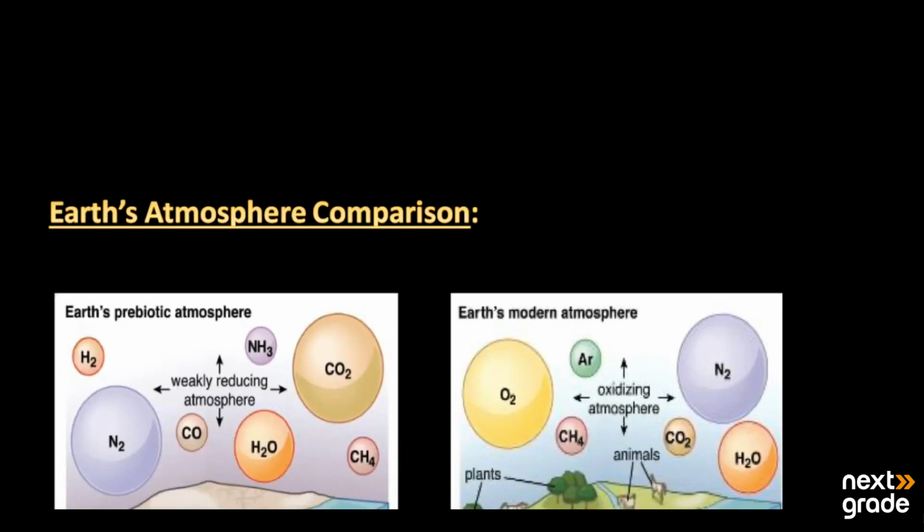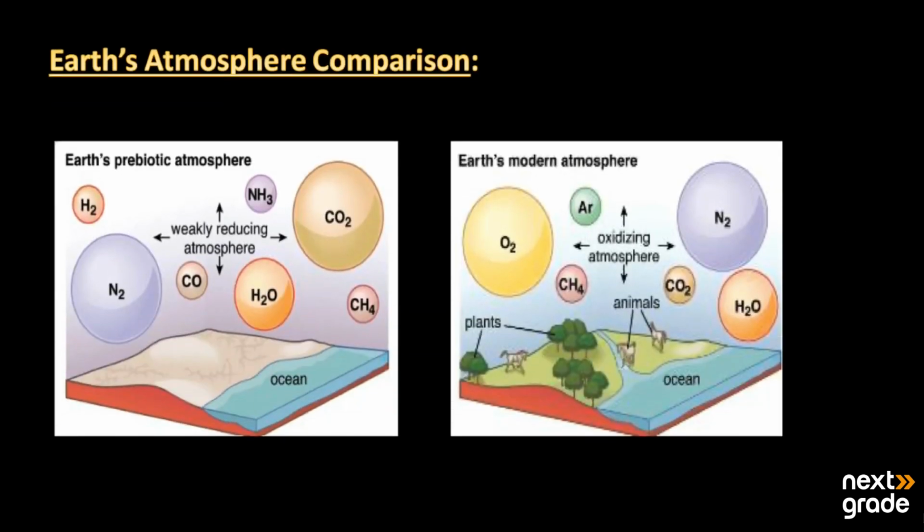Then we have the Earth atmosphere comparison. Here we have two types of atmospheres and their comparison. First, the Earth's prebiotic atmosphere, before the biotic factors. Biotic factors mean all the living things.